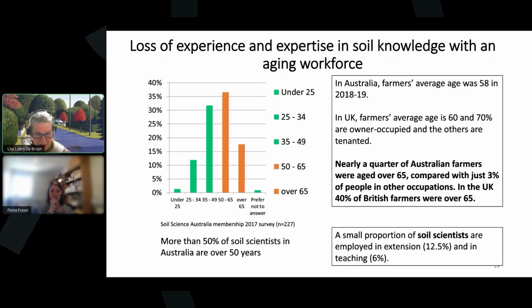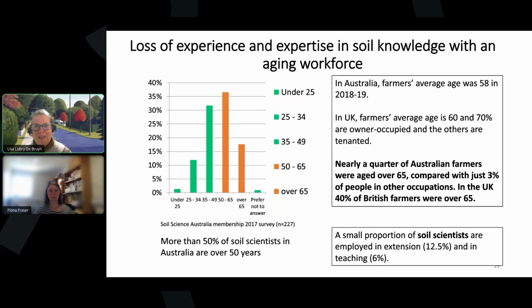It's interesting to also note that farmers both here in Australia and in the UK are on average older than, they're around 60, but they're also staying in farming for longer than the conventional workforce. So a quarter of Australian farmers are still farming over 65, and in the UK it's even higher, so 40%.